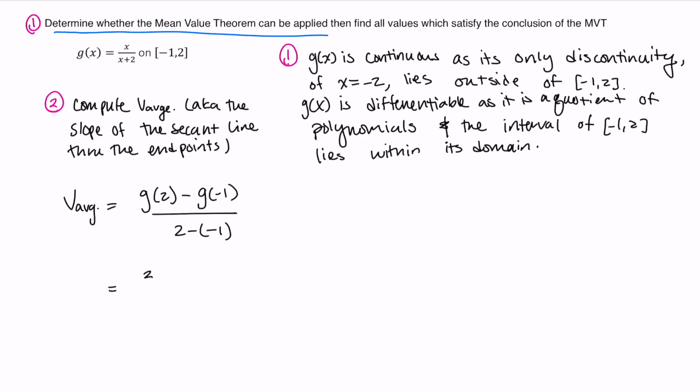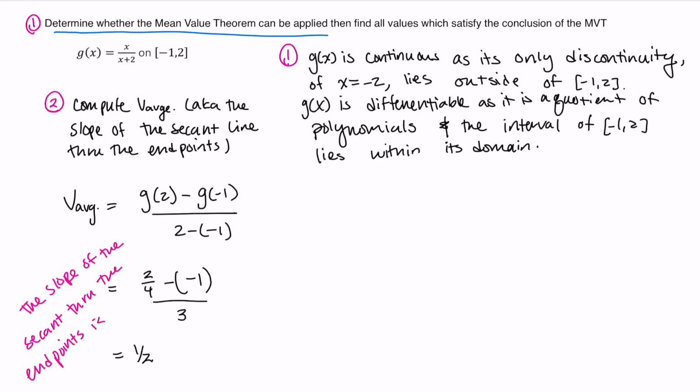So this works out to be 2 over 4 minus -1, so 1/2 plus 1 divided by 3. And that works out to be exactly 1/2. So it is 1/2.